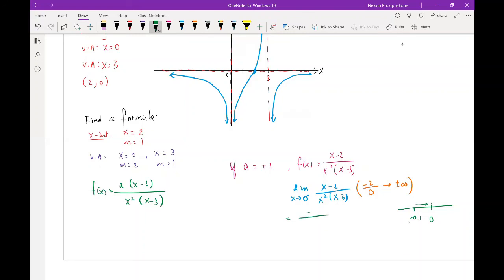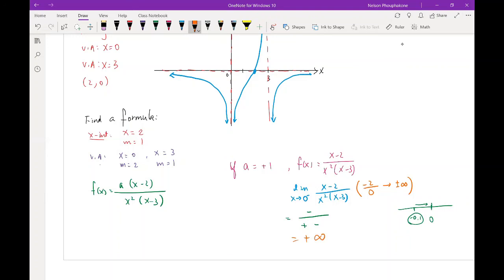If I plug in negative 0.1, this one is positive, and negative 0.1 minus 3 is negative. So it turns out the whole thing gives me positive infinity.